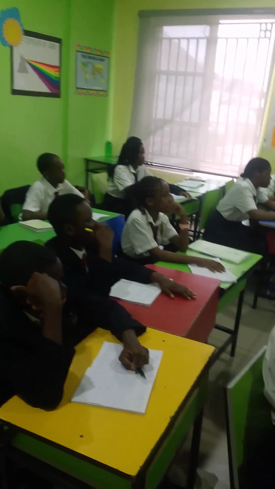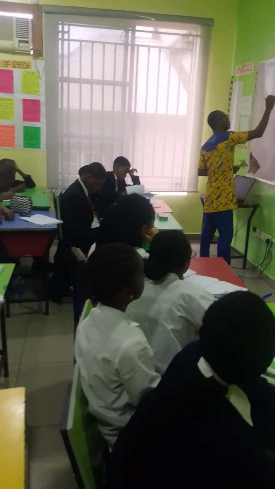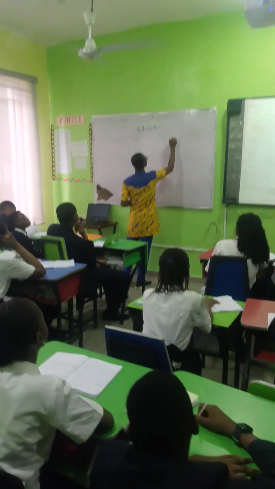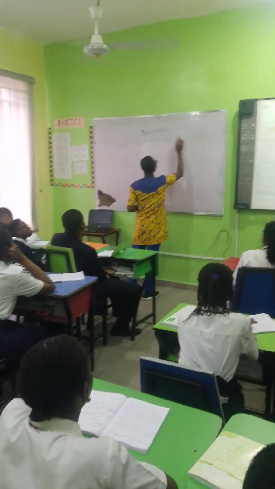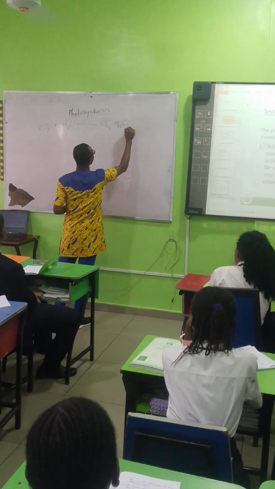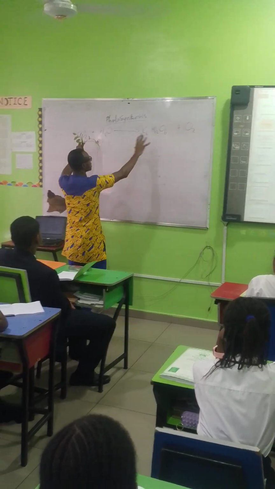So you have carbon dioxide plus H2O, and then that gives us glucose and oxygen. First you do it like this, C6H12O6 and oxygen. So this is the starting point.